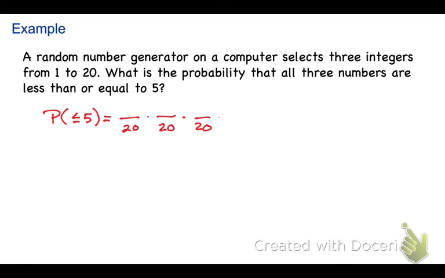How many numbers are less than or equal to 5? 5. So 1/4, and 1/4, and 1/4. So 4 cubed is 64. So read carefully.